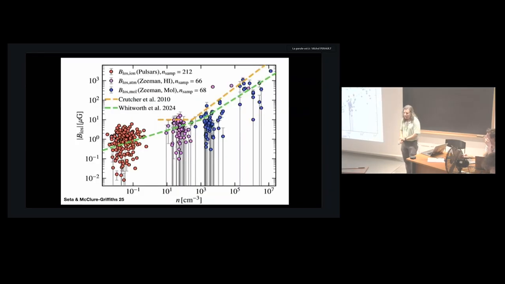So recently, like this year, Amit Seta and Naomi McClure-Griffiths took the pulsar measurements and put them on the same plot, and we were gratified to see that our fit using DCF and Zeeman actually also runs through the pulsars, and certainly they agree with the idea that there is a relationship in the low density gas.